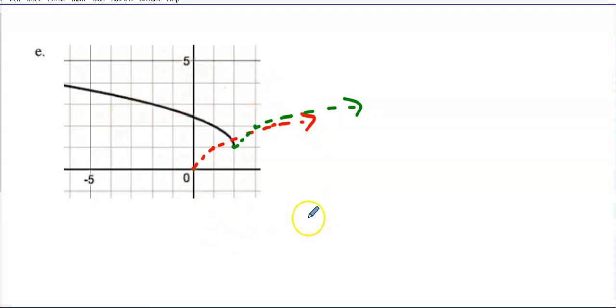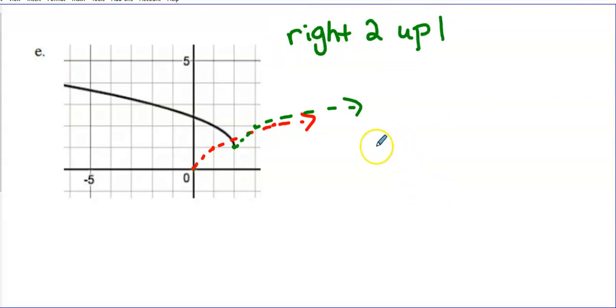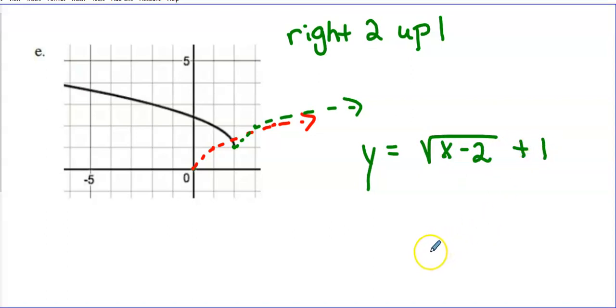So I know that it's been moved to the right 2 and up 1. All right, so I know that my equation is going to end up with an x minus 2 here and a plus 1 here. Okay, but it's been reflected across the y-axis, so that means my negative is going to go in here under the radical.